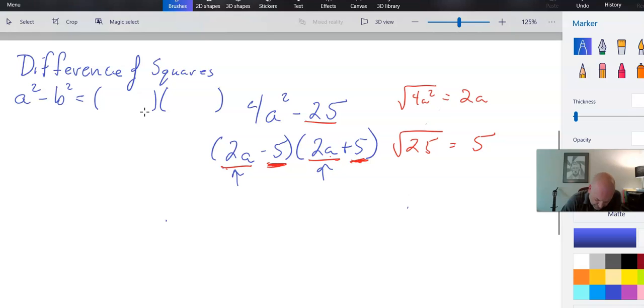That means the square root of a squared is a, so I'll write that down. The square root of b squared is b, so I'll write that down, and then I get a plus and a minus. And that's what I'm going to do with every one of these problems that I can identify as the difference of squares. So let's see if we can actually do that.